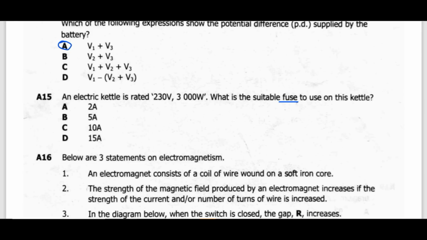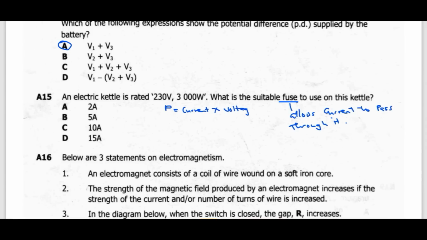We are saying that a fuse allows current to pass through it. Because we want to look at power, we would say power is equal to current times what?